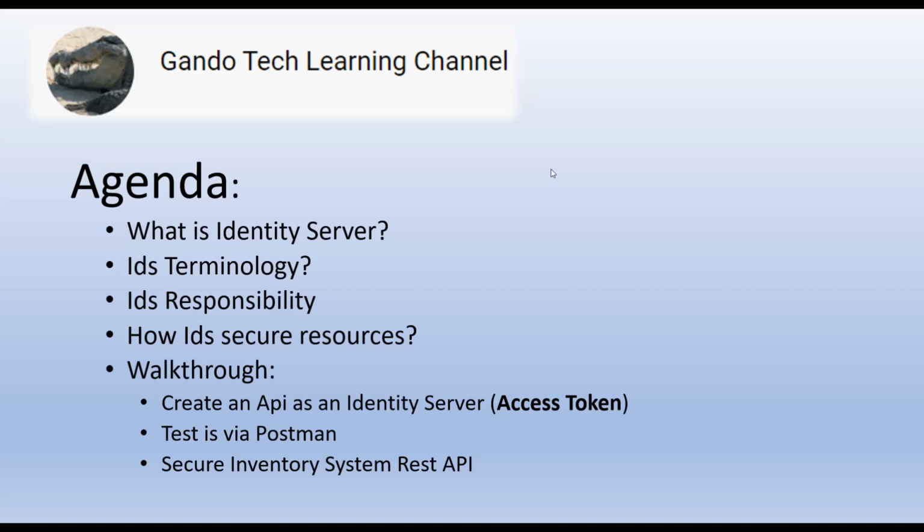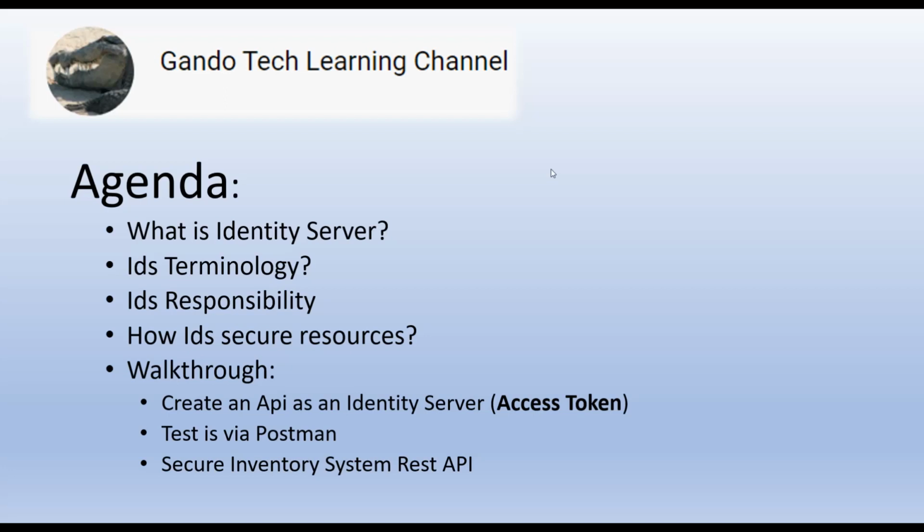And finally, we will try to secure our existing inventory system REST API, which we already implemented in our previous video named how to create a REST API in .NET Core 3.1 and using Postman. If you already know how to create a web API or REST API yourself, that's absolutely fine.